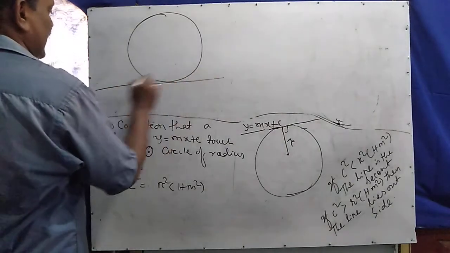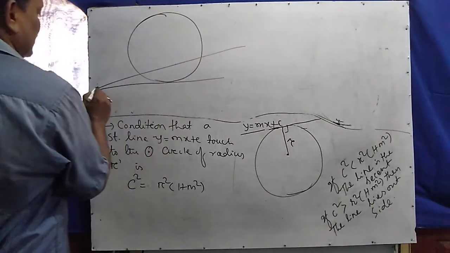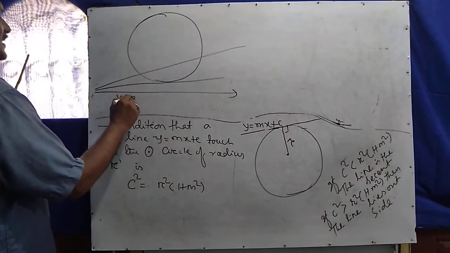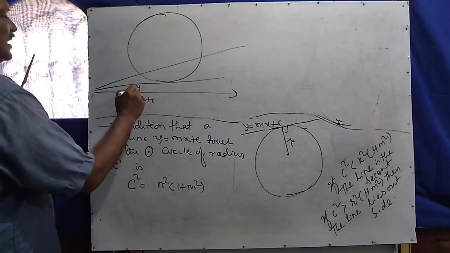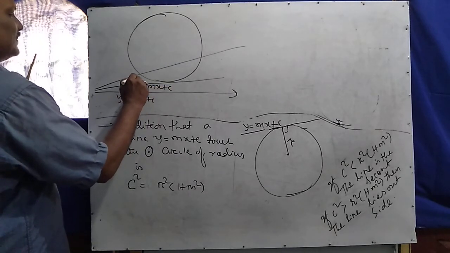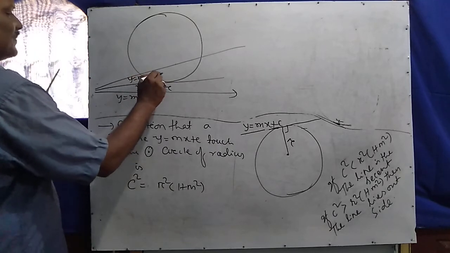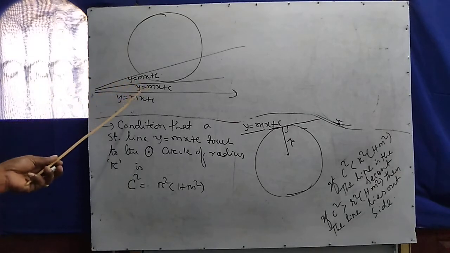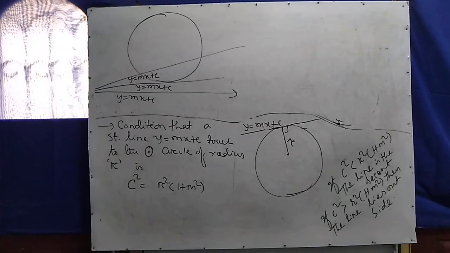When you draw a line, suppose you consider 3 lines, y equal to mx plus c, and this y equal to mx plus c, and this y equal to mx plus c. These 3 lines, where m represents the slope of the line; if the slopes are equal, then they are the same line or parallel to each other.